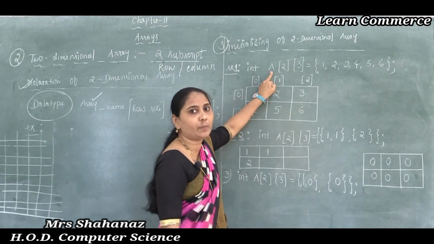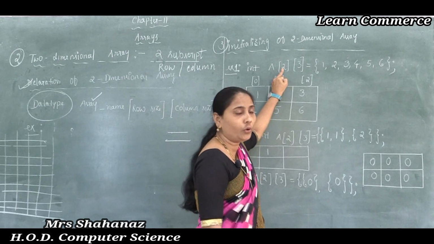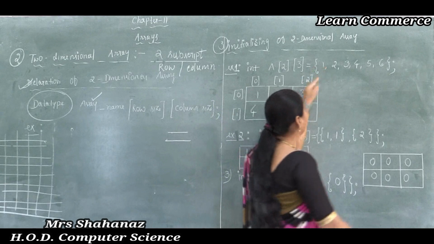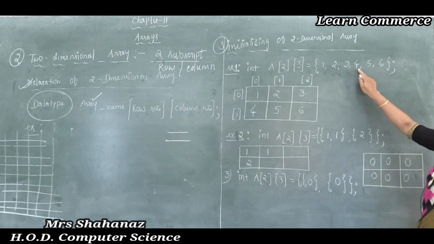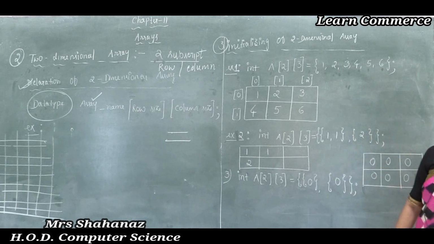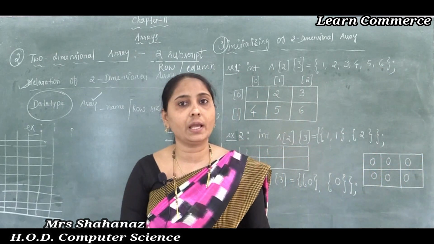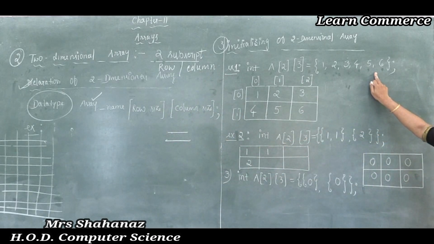I used the name of the array as A, and next row size 2 and column size 3, and later by using the equal sign I initialize some values. The values are 1, 2, 3, 4, 5, 6 enclosed within curly braces and finally terminated by using the semicolon.